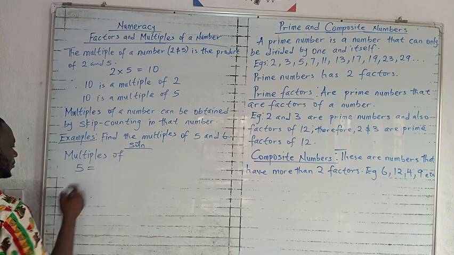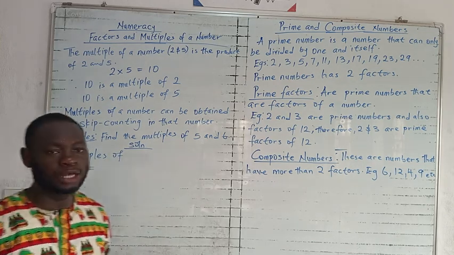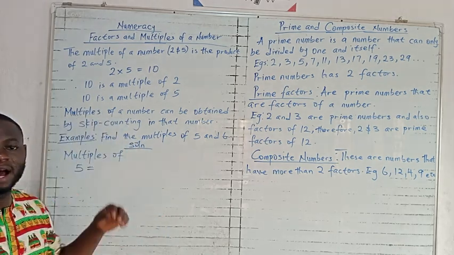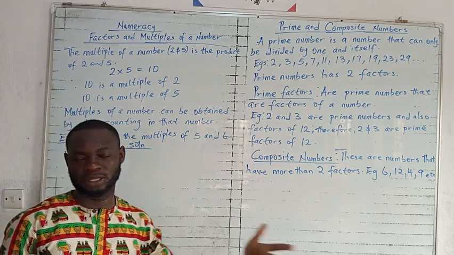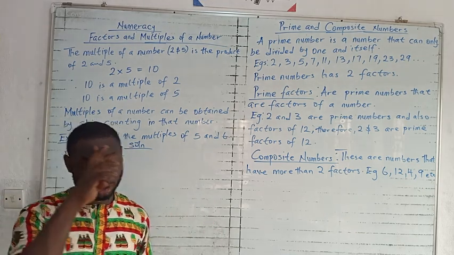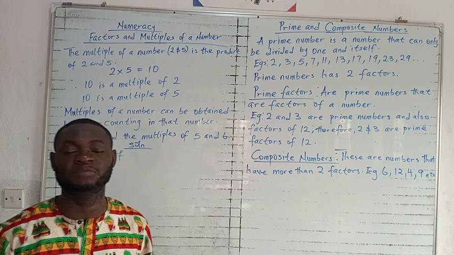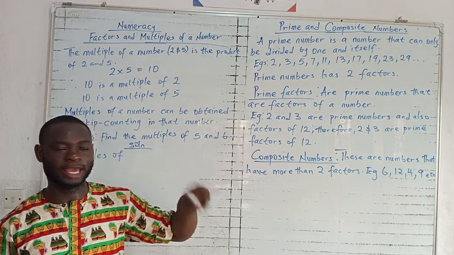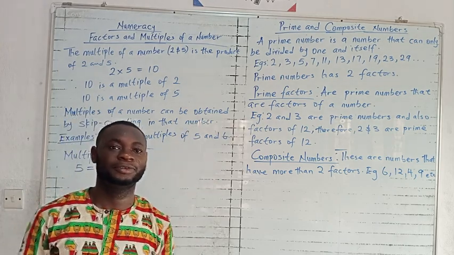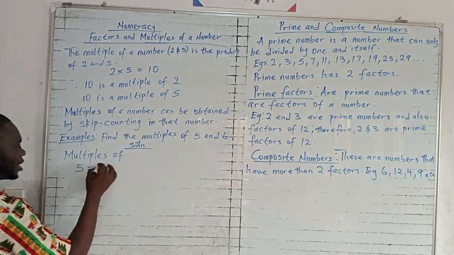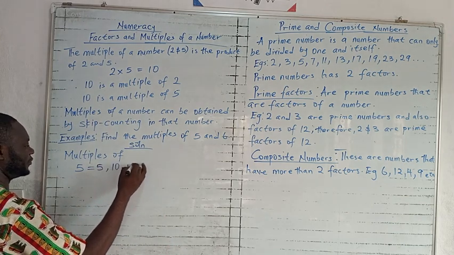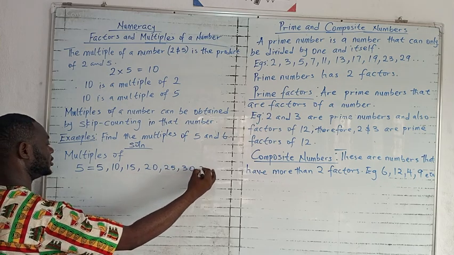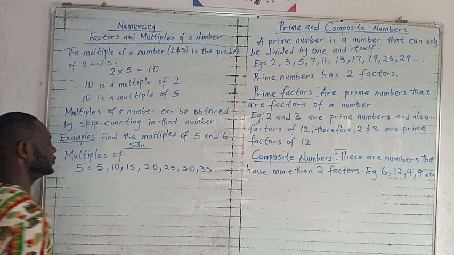Multiples of 5 are. Now, the question says that we should find the multiples of 5 and 6, and like I said, the multiples of 5 are those numbers gotten by skip counting in 5s. Or you make use of your multiplication table, the 5 multiplication table. 5 times 1 is 5, 5 times 2 is 10. Now 5 and 10 are multiples of 5. So the multiples of 5 are 5, 10, 15, 20, 25, 30, 35, and so on.